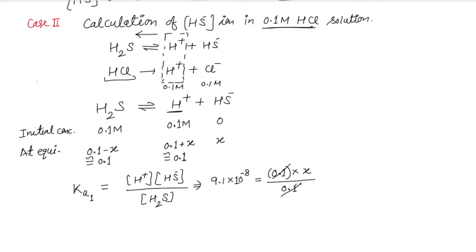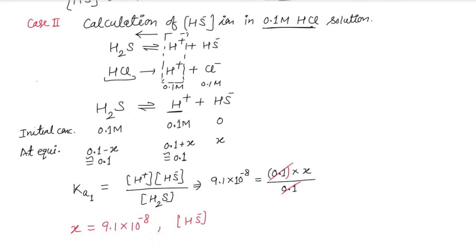So 0.1 and 0.1 cancel, and x becomes 9.1 into 10 raised to power minus 8 only, and that is the concentration of HS negative.